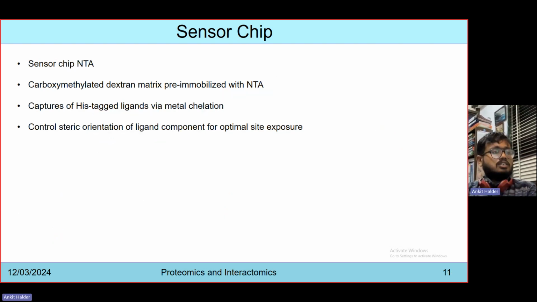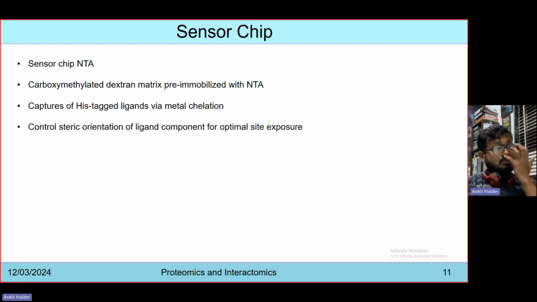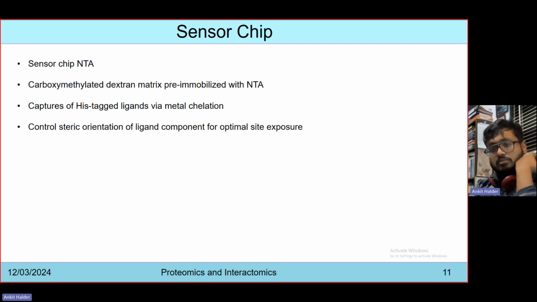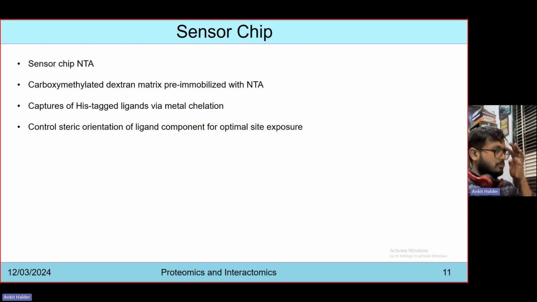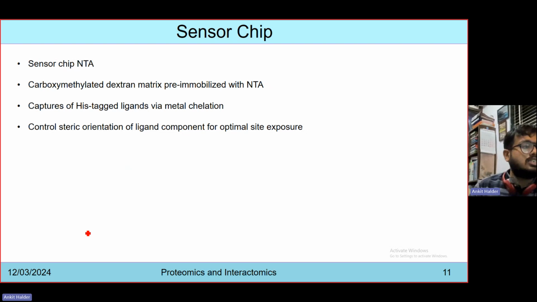So next is the sensor chip NTA, which is again a carboxymethylated dextran matrix, pre-immobilized with NTA.